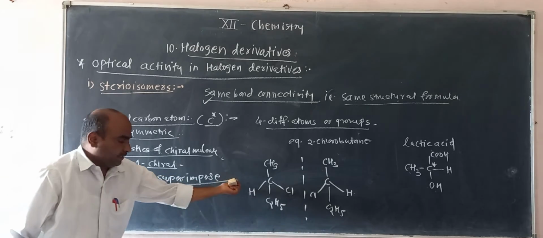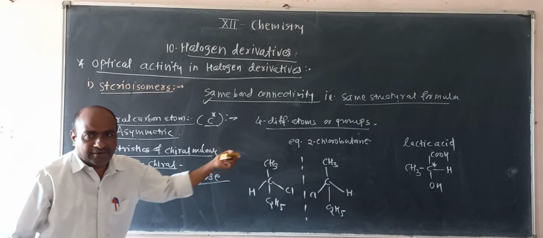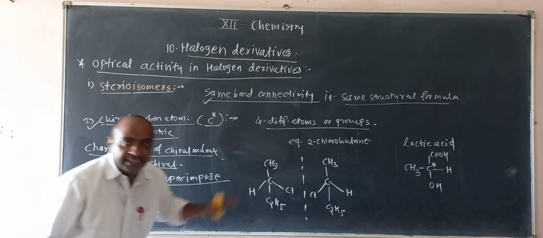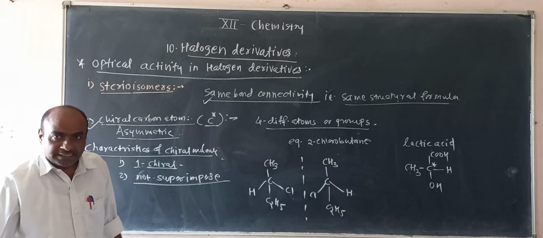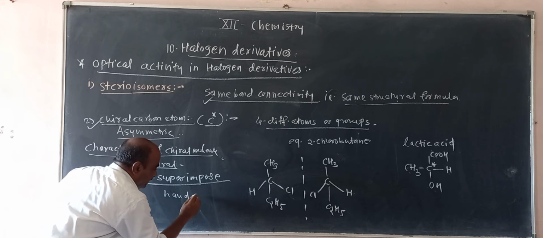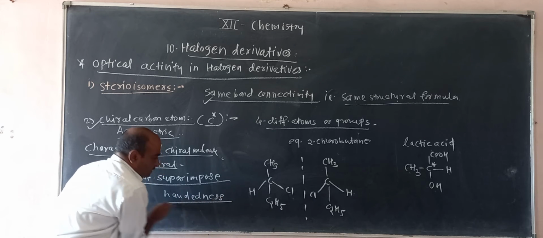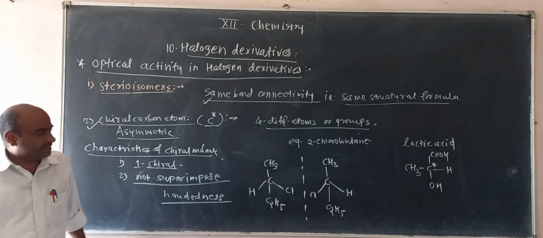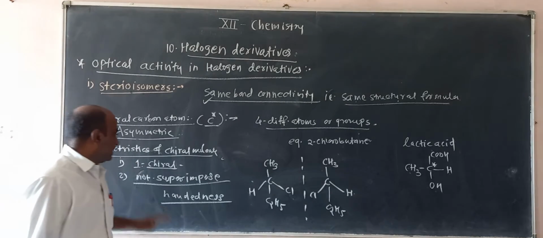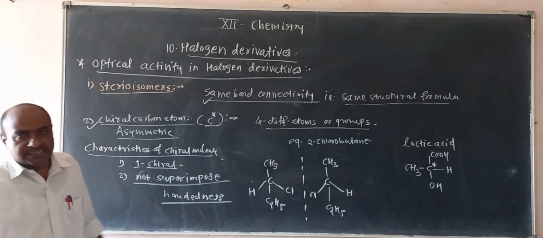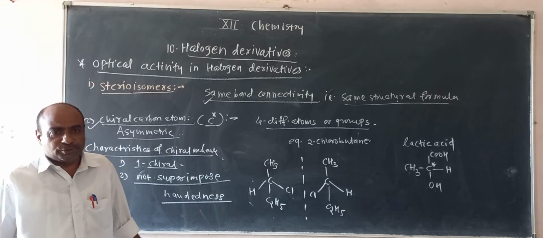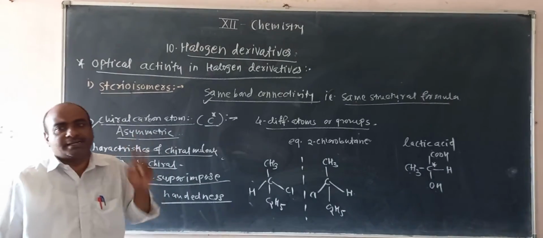Clear? So we consider them as left or right-handed, and this phenomenon is called chirality, just like optical isomerism. This concept is also called handedness. Just like left and right hands, these plane mirror images are obtained. That means these chiral molecules which show optical isomers of each other are non-superimposable mirror images.